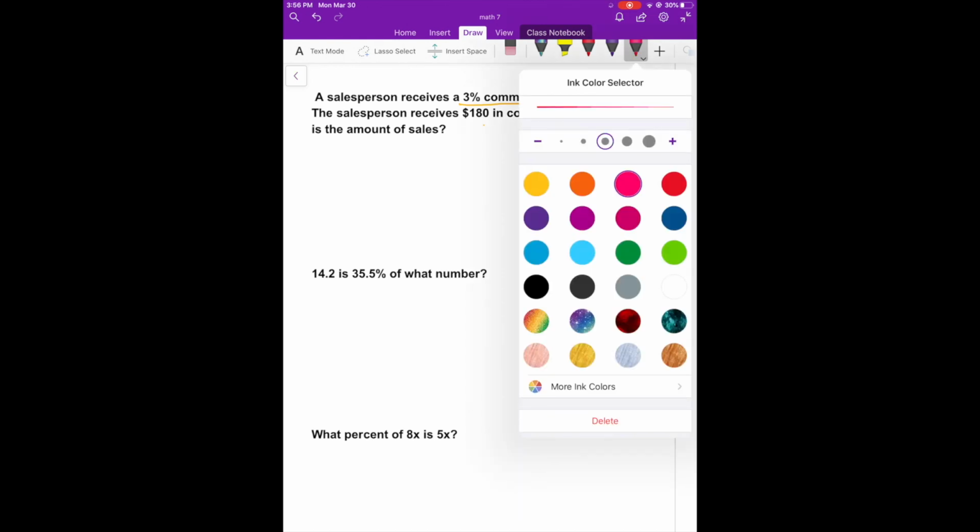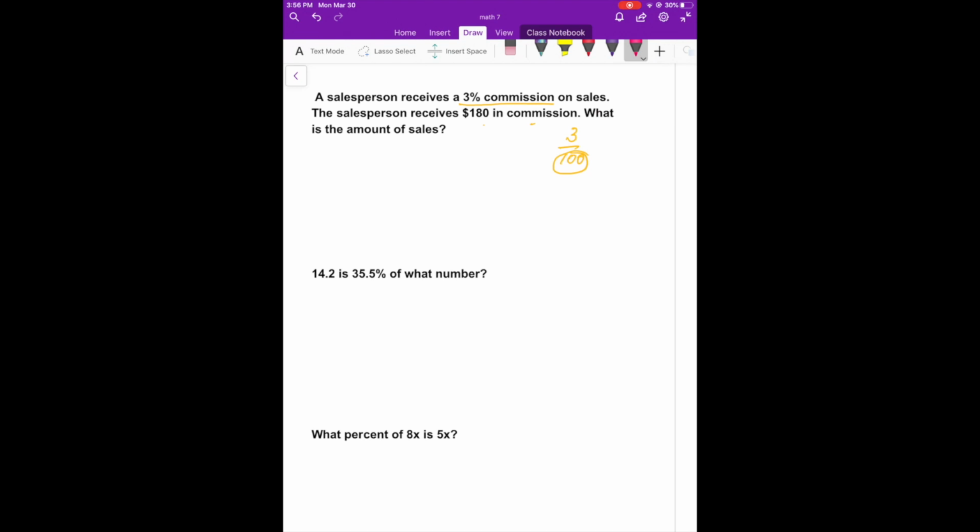So we don't know the total, we know the part. 3% of his sale is equal to how much? 180. 3% of the sale is equal to 180. So what is the amount of sale?